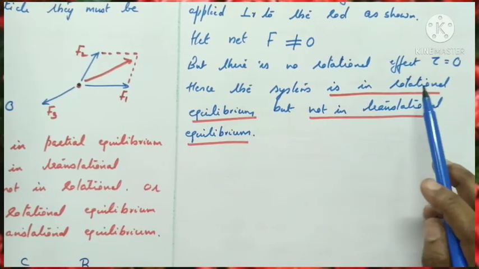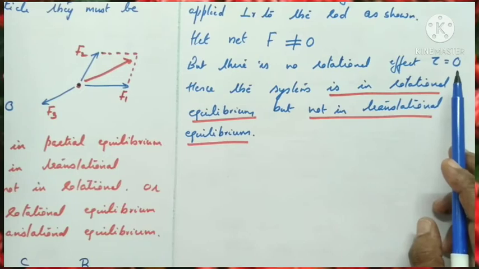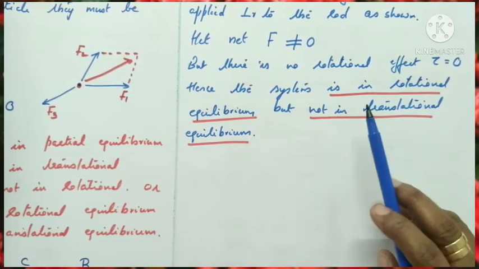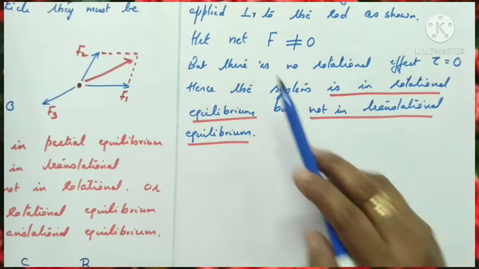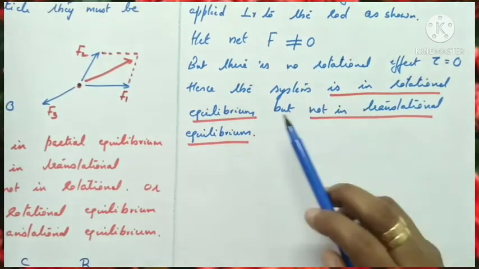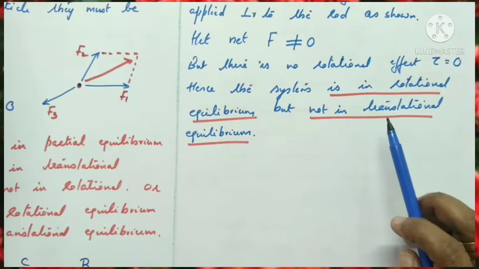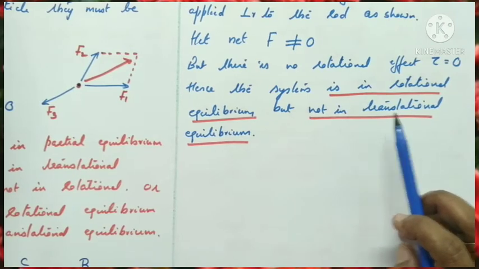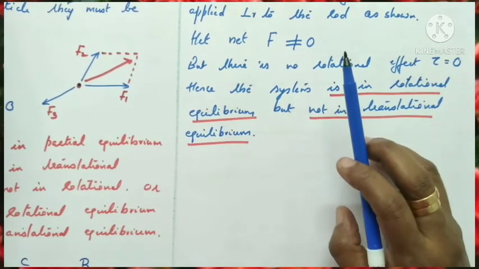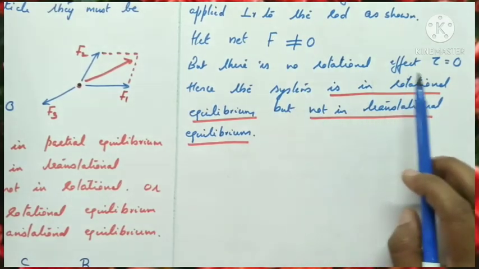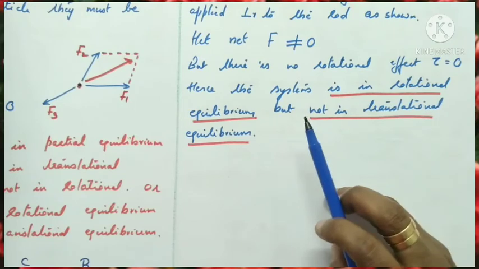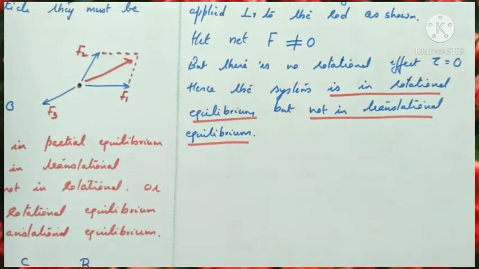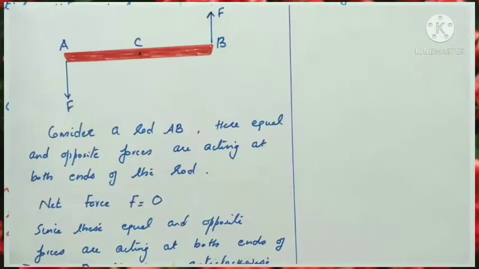So in this case the system shows rotational equilibrium. But net force is not equal to 0 and hence the system is not in translational equilibrium. So here in this case force is not equal to 0 and torque is equal to 0, and hence rotational equilibrium is there, but the system is not in translational equilibrium.